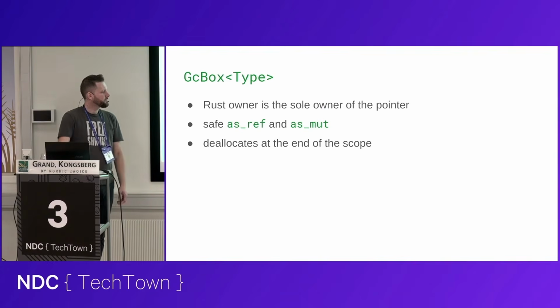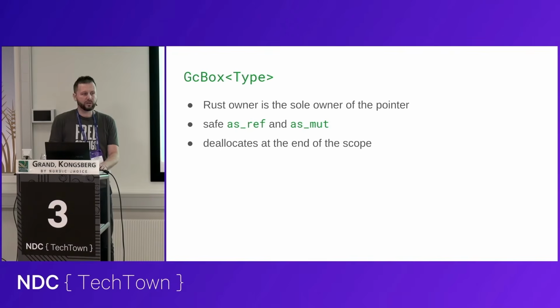Because a GC box can only be created from Rust, it's a wrapper type, we know for sure that no one else holds that pointer, so we are the sole owner under Rust rules. Means we can safely do sref, smute, because Rust's borrow checker will check the safety for us. And what's a nice plus, when a GC box goes out of scope, it's deallocated.